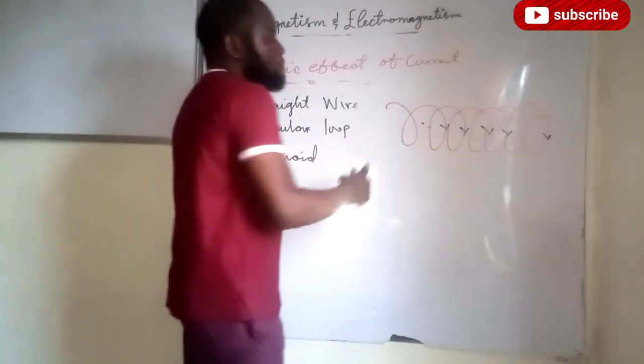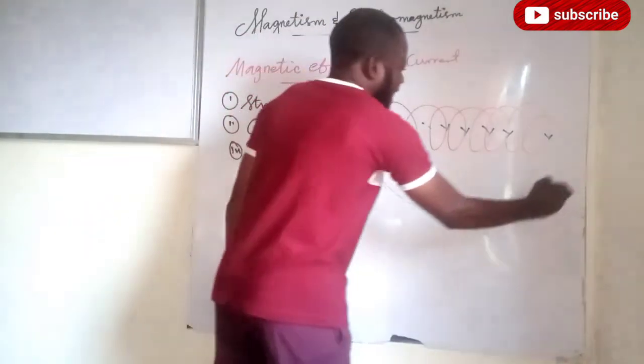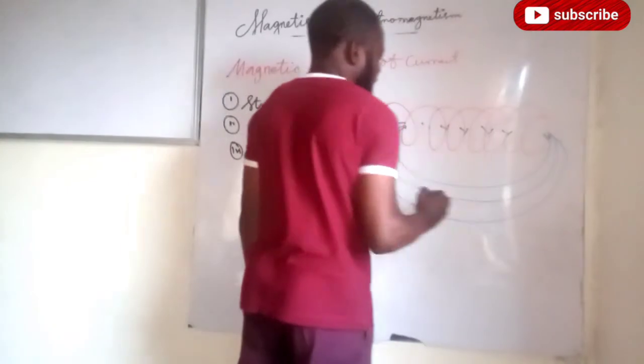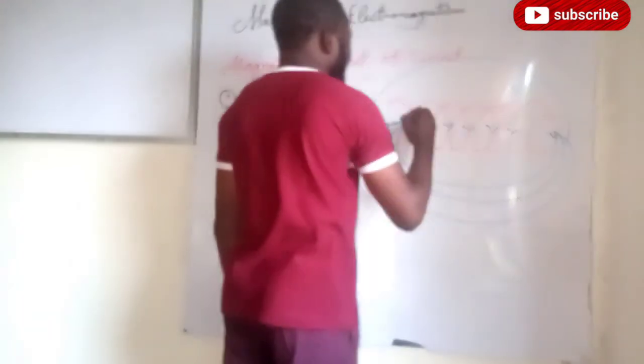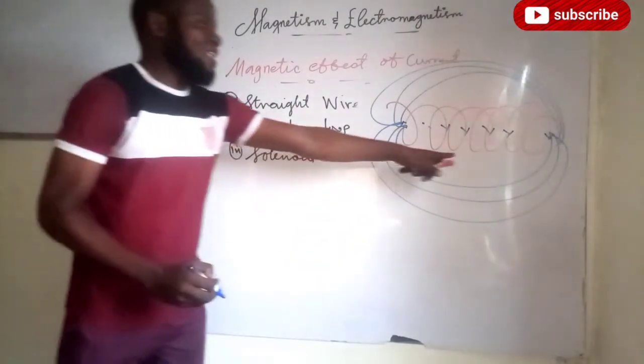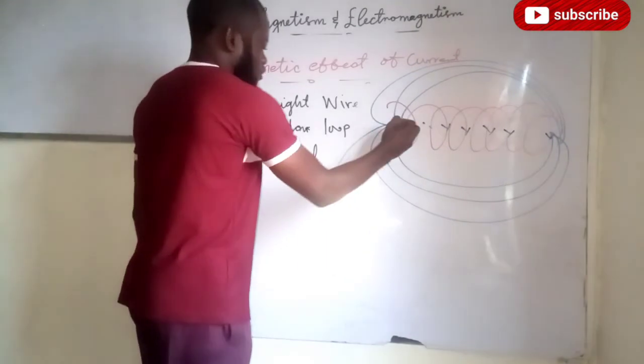The magnetic field pattern of a solenoid is like that of the bar magnet. Are we together? So we have it to also be like this.